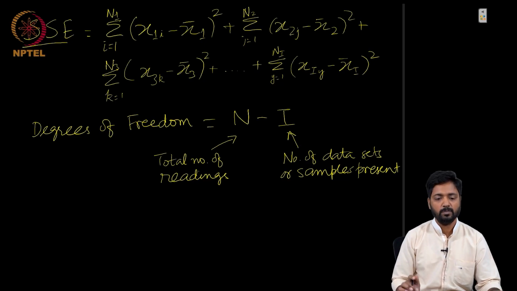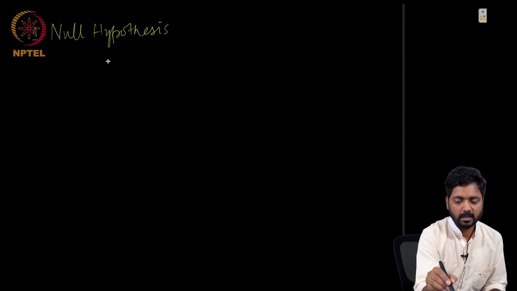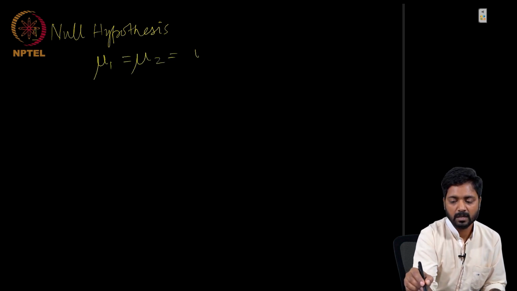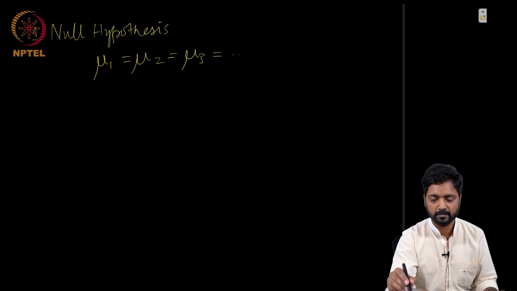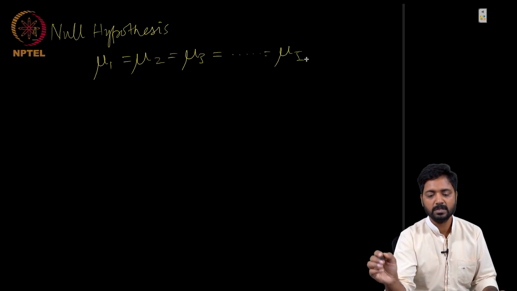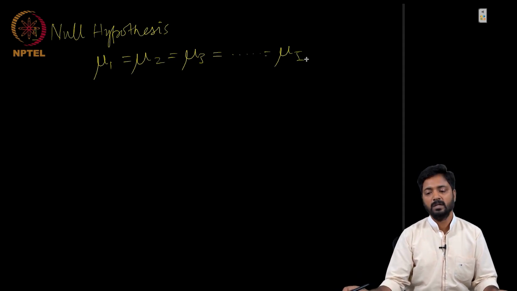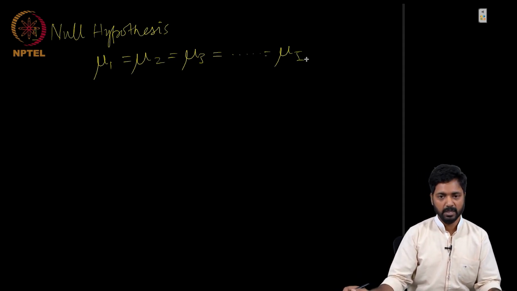So, going back to the board, the null hypothesis is nothing but that the population means of the samples being compared are presumed to be similar. So, if we are dealing with I samples, all of these means are estimated to be similar.